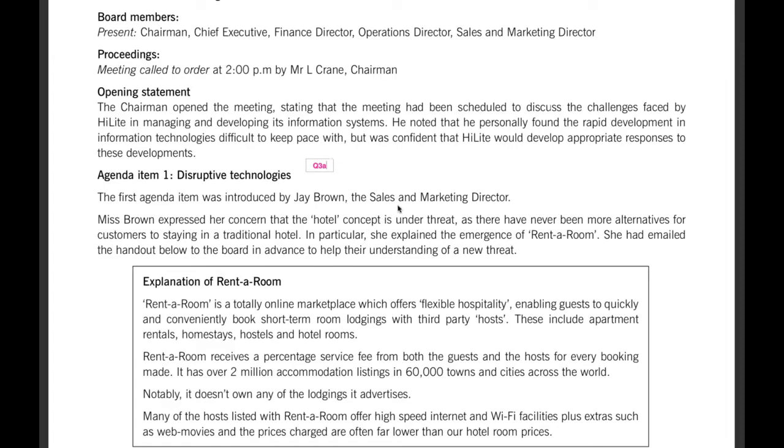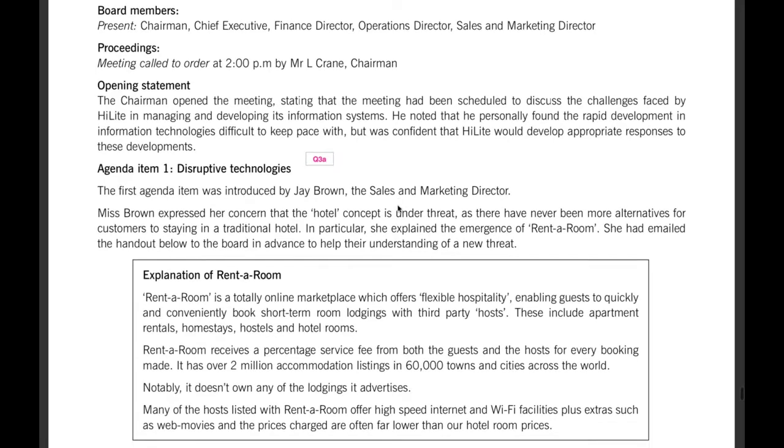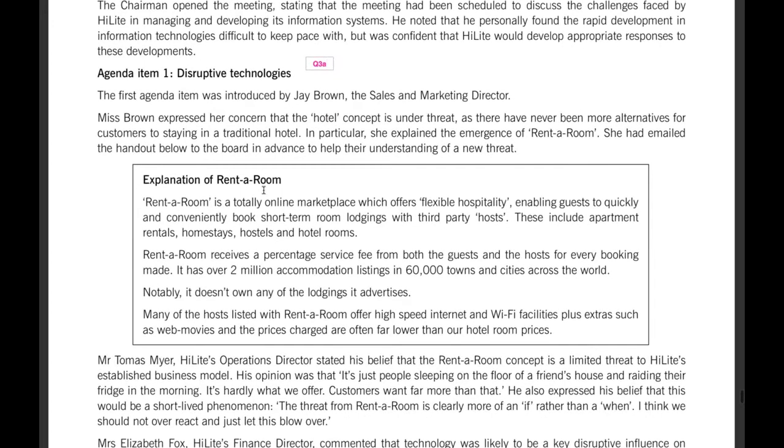Okay, so basically they're talking about this rent a room. If you read this carefully, you can relate it to Airbnb. So Airbnb is like a threat, something similar to Airbnb. In this question, it is rent a room.